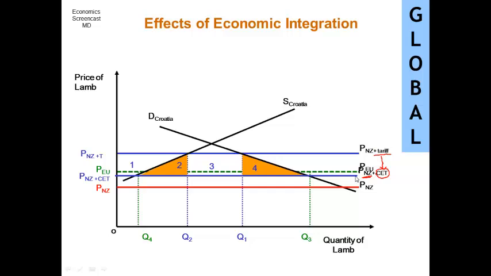There's a significant increase in quantity consumed up to quantity Q3. Domestic producers obviously produce less. There's a contraction of domestic supply to Q4 from Q2. The total quantity of imports increases, but consumers can consume a greater quantity at Q3 at the lower prices.